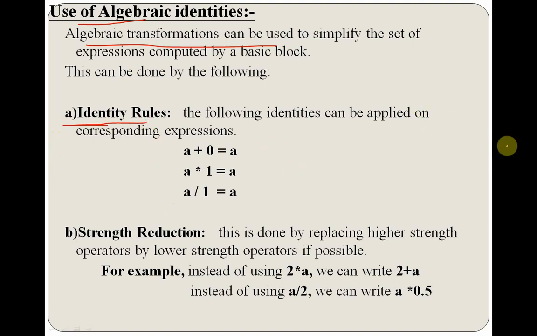The following identities can be applied on the corresponding expression. Suppose in a given expression there is a sub-expression like a plus 0. It can be written as a, so that the expression will be simplified. If the expression contains the sub-expression a into 1, then it can be written as a. And a by 1 also gives a. So wherever this kind of sub-expression exists in the intermediate code, I can simplify it in this format.